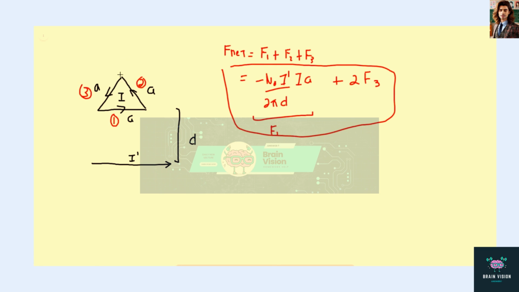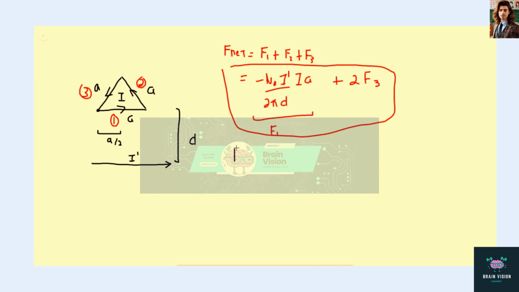Because this is an equilateral triangle, we know halfway through here is just a distance A over 2. We want to start at this point here, which I'll call position 0, and go to the right. That's why we're looking at wire 3. That just seemed a little easier than going in the negative direction. So we want to start here and integrate across a distance A over 2, which gives the total force acting on this wire.